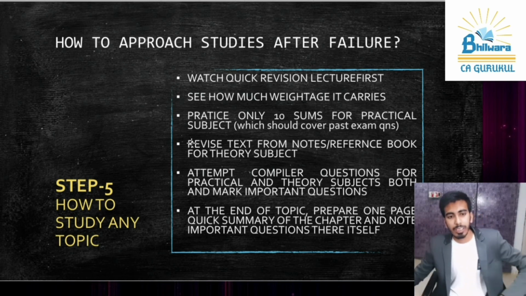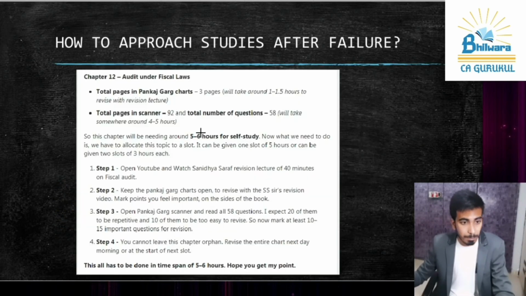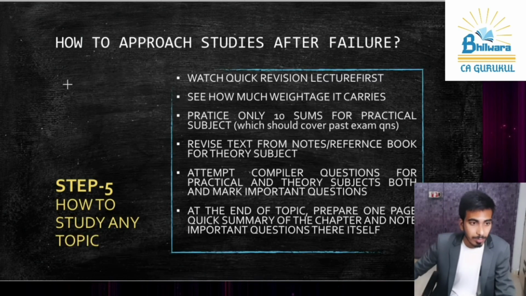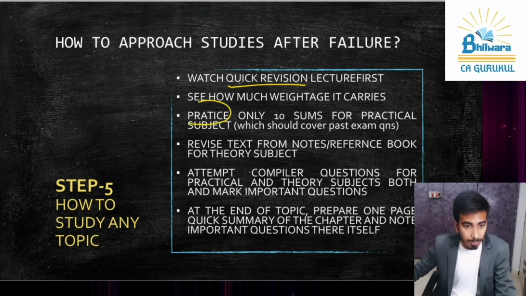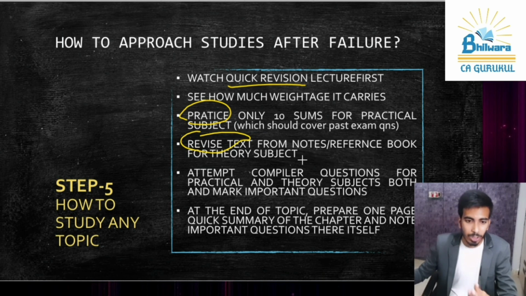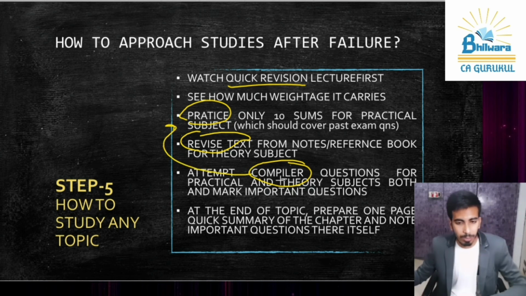Basically there should be a 4-step model. First step should be to watch the quick revision. Then the second step should be to practice the practical sums or revise the text. If it is a theory subject, you should revise the text first, then attempt compiler questions, or for practical you can practice the sums.